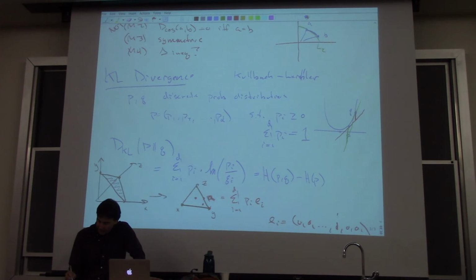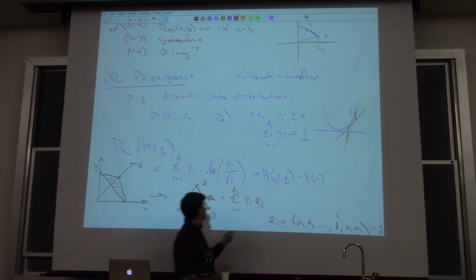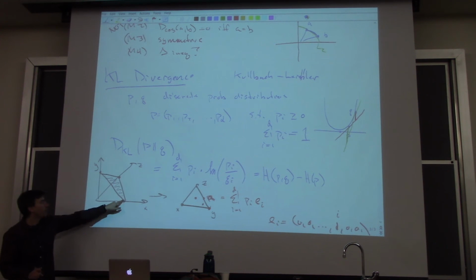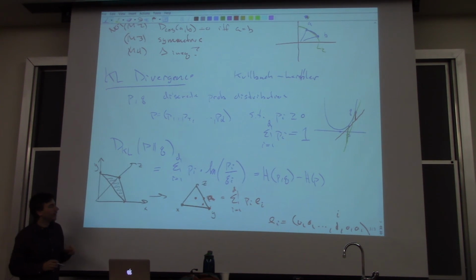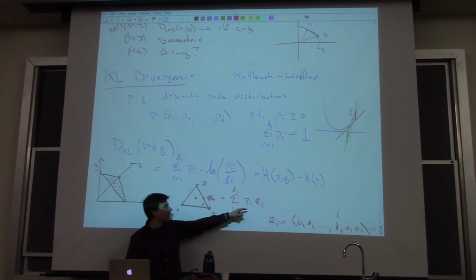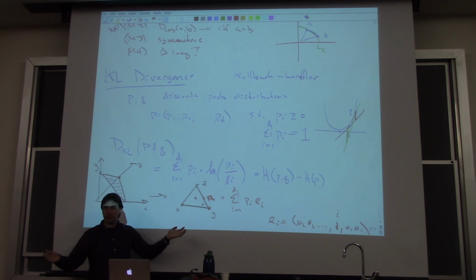So the ith coordinate is 1, the rest are zeros. So for instance, this is e1, e2, and e3. So it's 1, 0, 0; 0, 1, 0; and 0, 0, 1. Right? And so anything can be written as a linear combination of these vectors. A convex combination, that means that these sum up to 1 and are all positive, will lie in this triangle. And this will be all probability distributions.